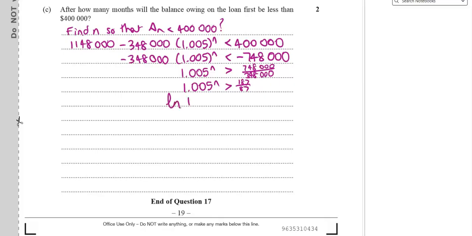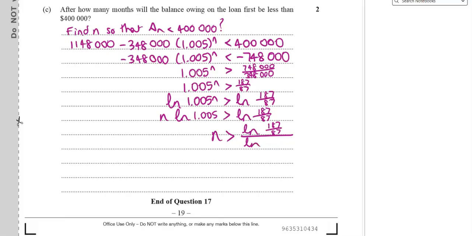The natural log of 1.005 to the N has to be bigger than the natural log of 187 on 87. I can pull down that N. N times the natural log of 1.005 is bigger than the natural log of 187 on 87. Divide both sides by the natural log of 1.005. So N has to be bigger than ln of 187 on 87 all over ln of 1.005.